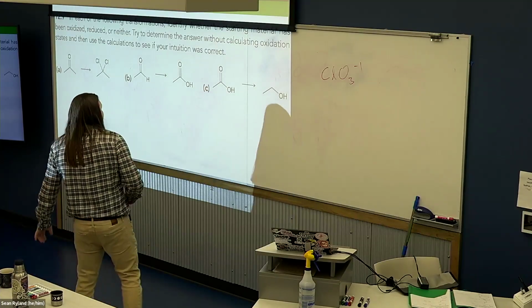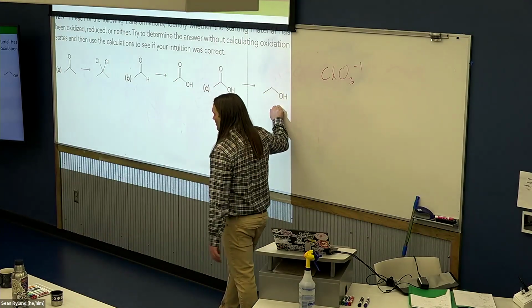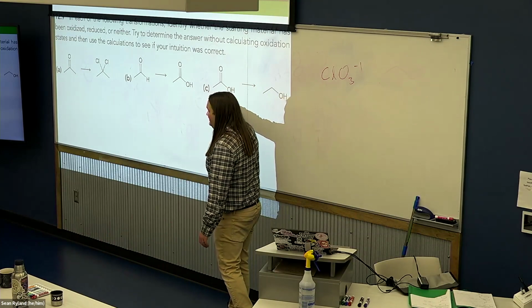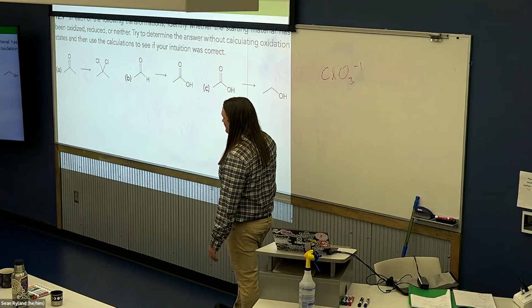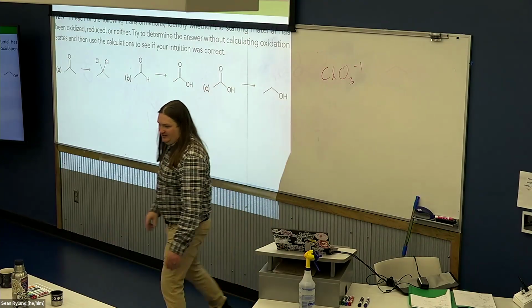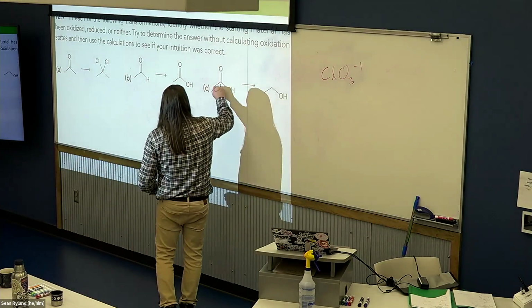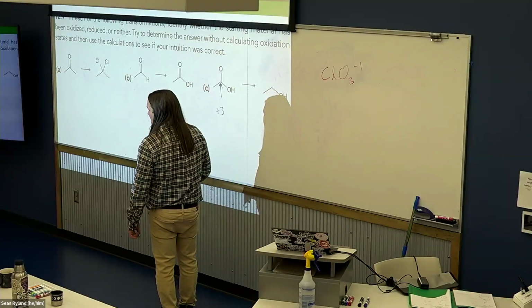But it turns out this is one of the ways that you can make an alcohol, by starting from an acid and reducing the carbon. Because the carbon here, we just did this molecule. This carbon is a +3.